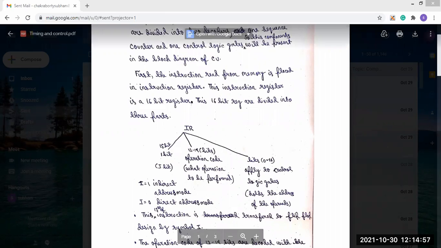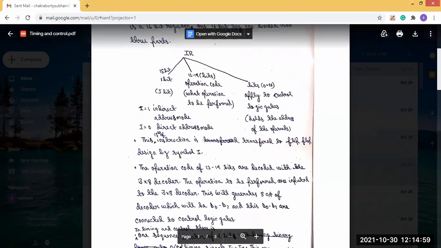And the operation bits 12 to 14 are decoded with a 3 into 8 decoder, so they are given as input to the 3 into 8 decoder. The decoder generates 8 outputs, D0 to D7, and these total 8 outputs are connected to the control logic gates.